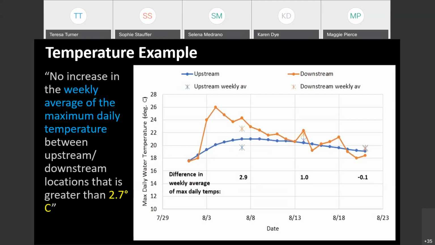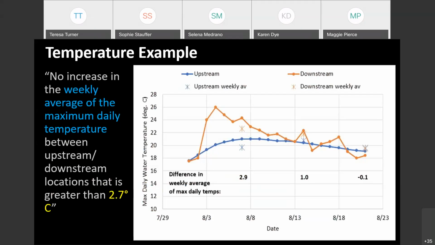Now, these are individual data points, each of these little dots along the line, and their temperature criterion is based upon a weekly average. So these X's with the lines through them were calculated to represent that weekly average value. So we have about 3 of those. I guess it was about a 3-week period that they had data over. And we see here that at where they had each of those 7-day averages, they calculated one for the upstream and one for the downstream.